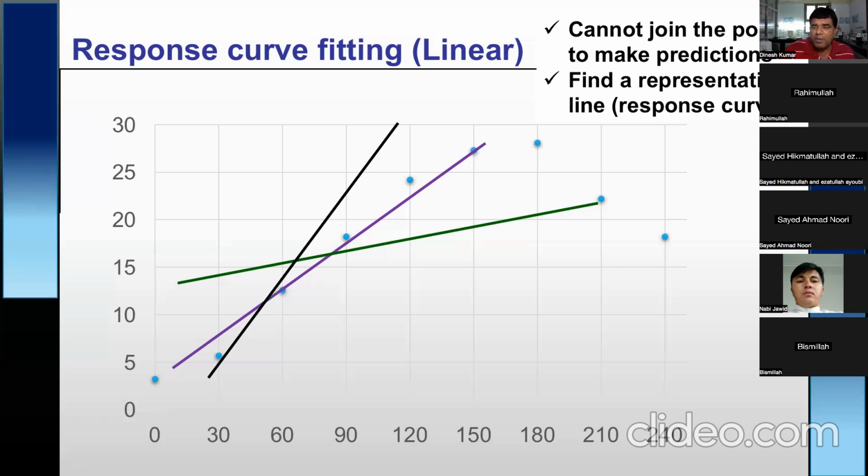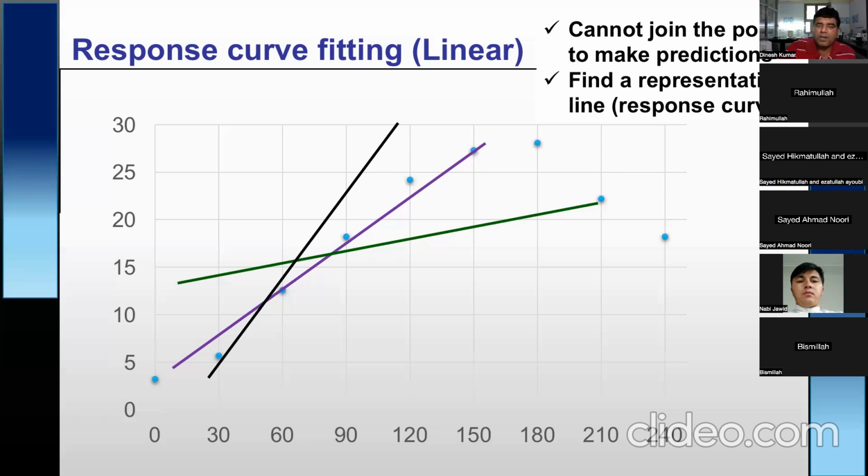To find out the best line of fit, we need to use the method of least squares. The method of least squares means the line which has the least sum of squares of distances between observed and predicted data. This line will give us predicted data. These are the purple line, black line. These predicted data have been put on these lines.